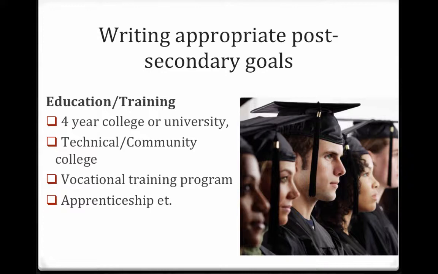Billy will attend a four-year university and study economics. Billy will go into a post-secondary vocational school to study auto mechanics. Those are the types of things that we're talking about as far as vision statements for those students.